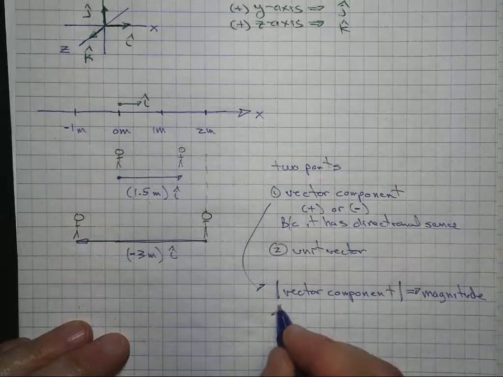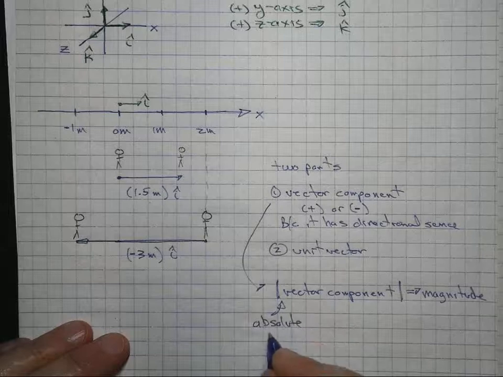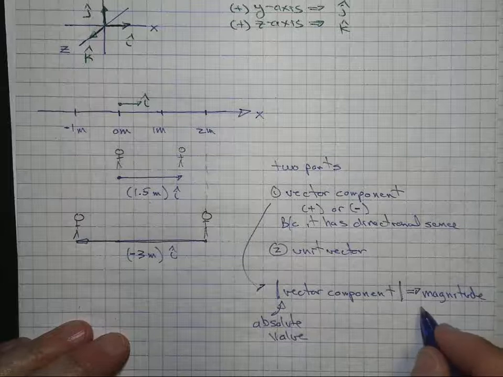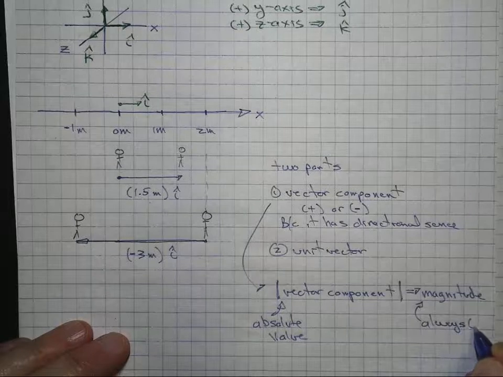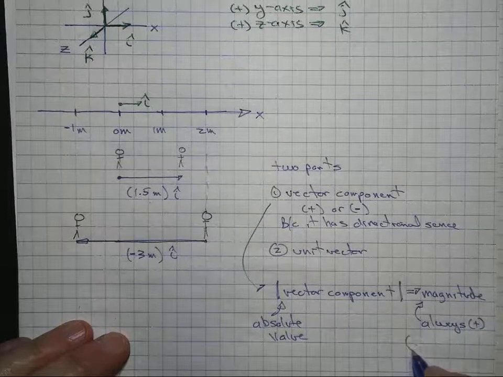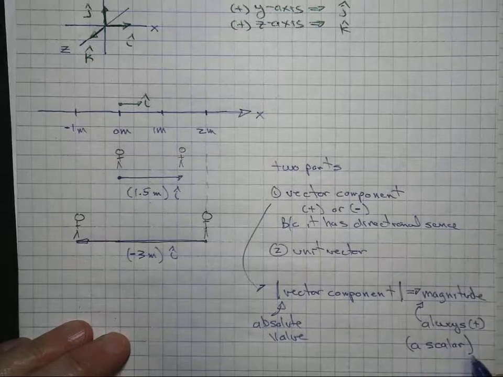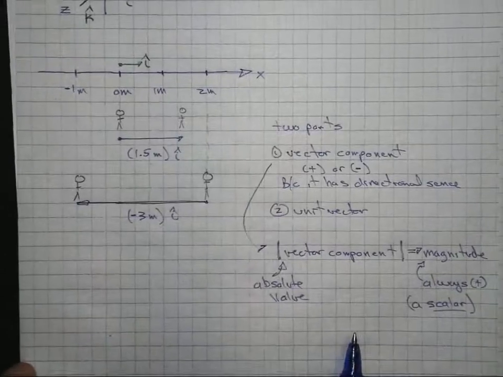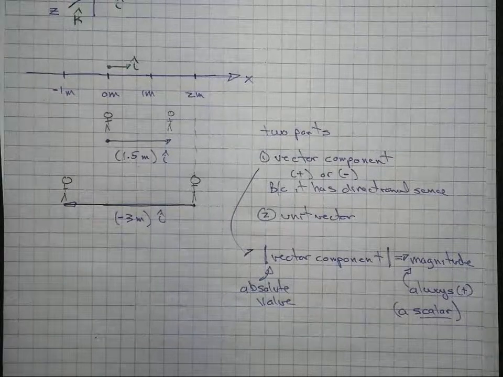So when we take the absolute value of a vector component, we get the magnitude. And the magnitude, well, if you take the absolute value, the magnitude is always positive, and it's considered a scalar. S-C-A-L-A-R. Just magnitude. So in other words, when you take the absolute value of a vector component, you are dropping the directional sense. That leaves you with a magnitude which is always positive and therefore a scalar.